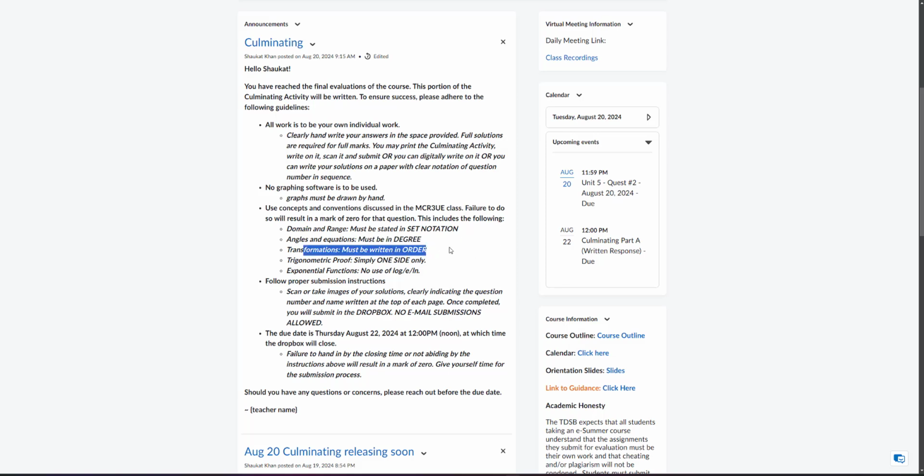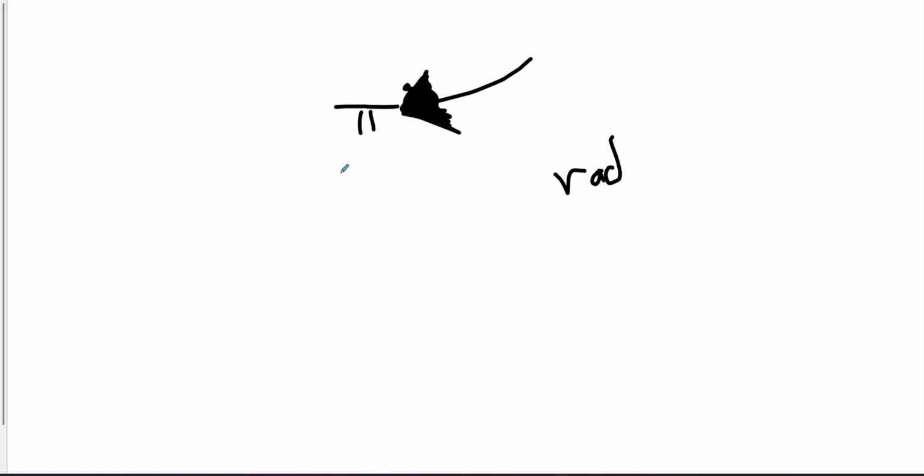Transformations, this is important as well. A lot of students, well, most students have been doing it correctly, but some students have not been writing the transformations in correct order. Now, what do I mean by correct order? Correct order for transformations would mean that you always write your stretches or compressions first.